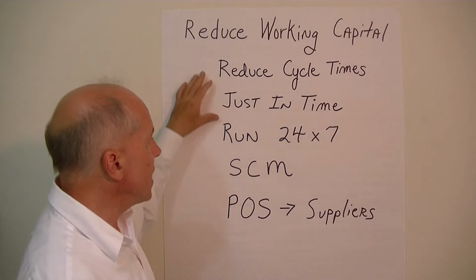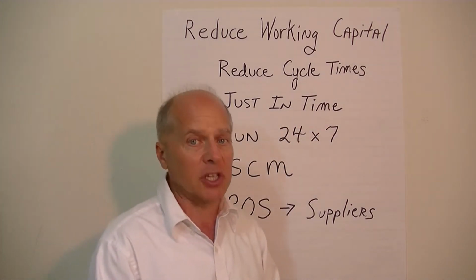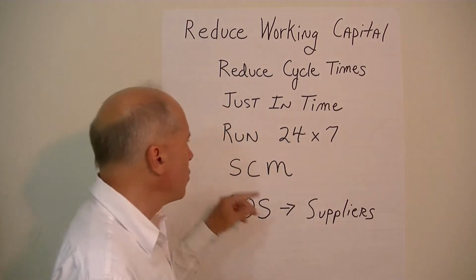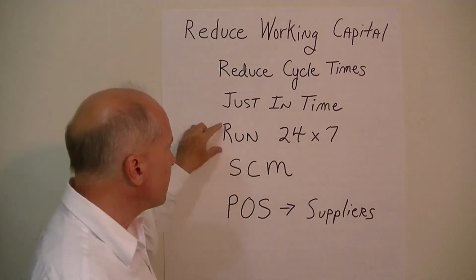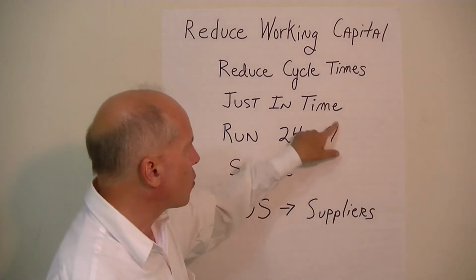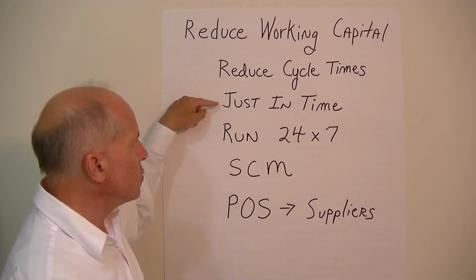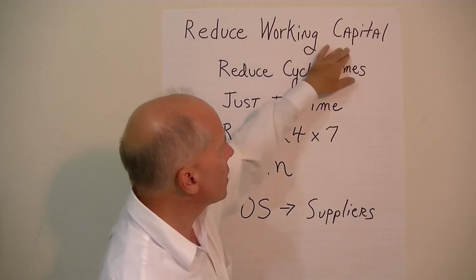And in some cases, that may require different players in the supply chain, vendors and shippers and people who work in the warehouse, to work some unusual shifts, maybe even run a 24/7 type of operation globally so that we can reduce cycle times and run just-in-time inventory so that we can reduce working capital.